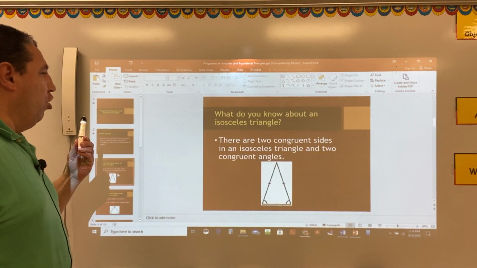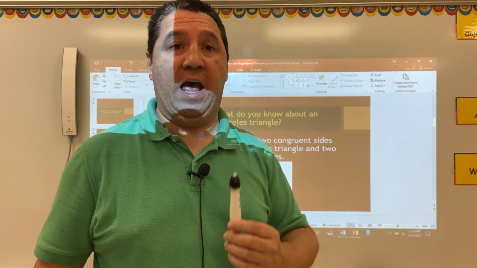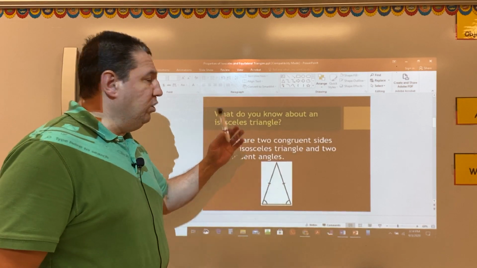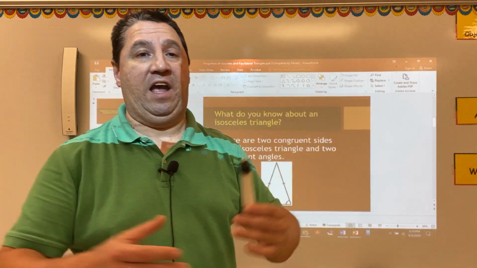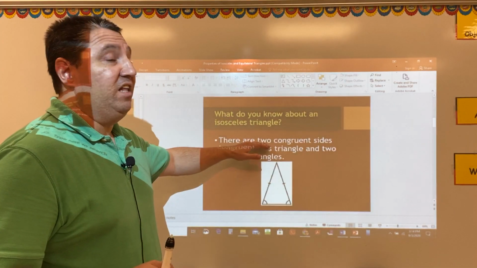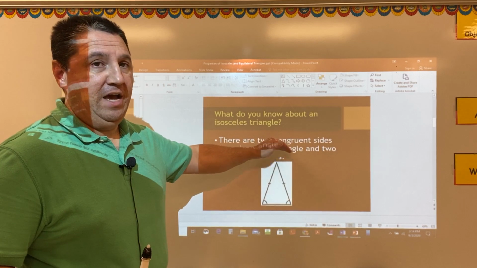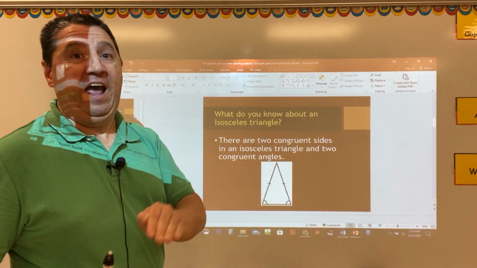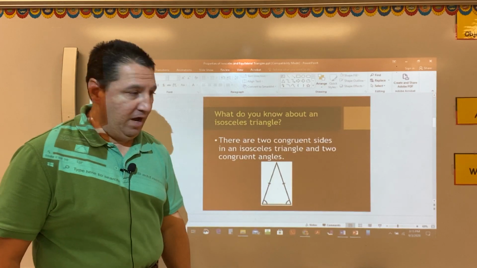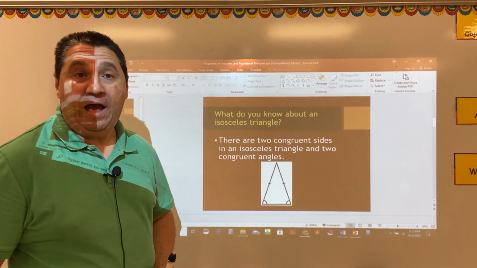Let's recall a few things about isosceles triangles and equilateral triangles. First, what do we know about an isosceles triangle? An isosceles triangle is a triangle with two congruent sides and two congruent angles, like in this picture.